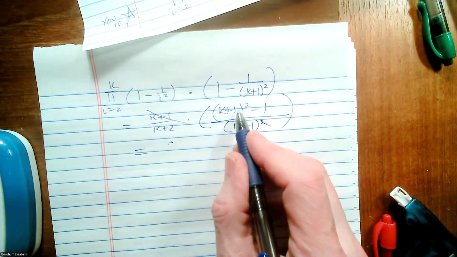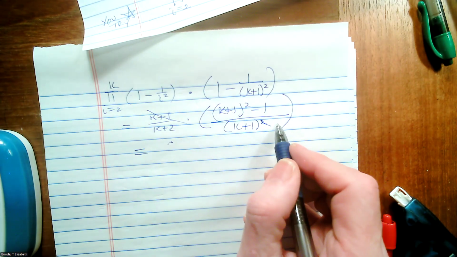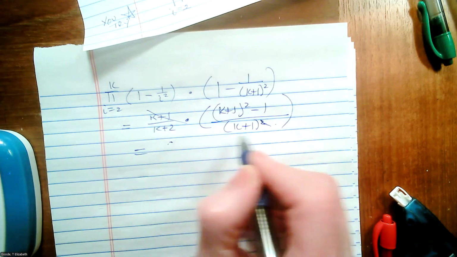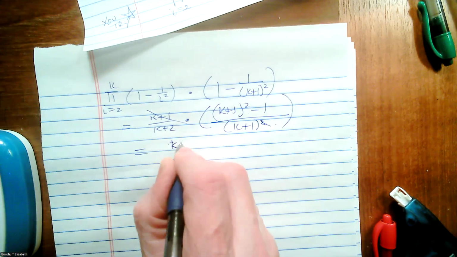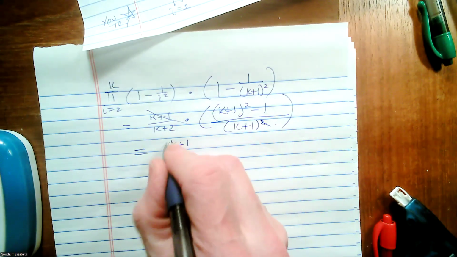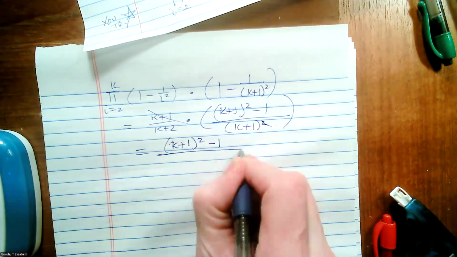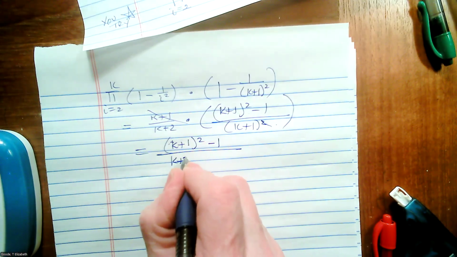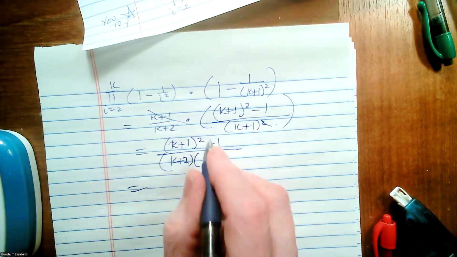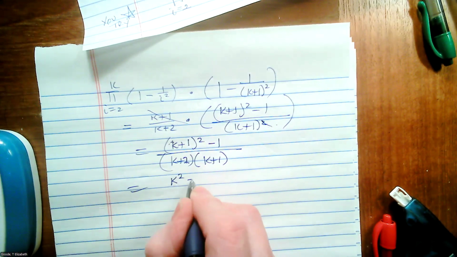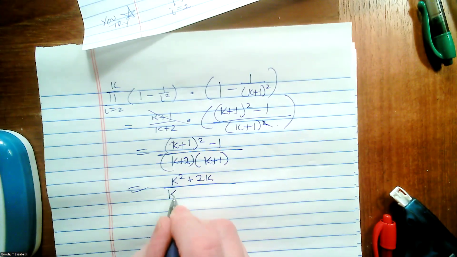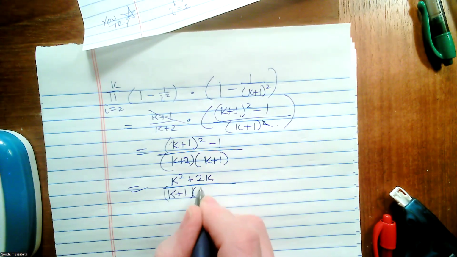And this is k plus 1 squared minus 1 over k plus 1 squared. Oh, we're multiplying, yeah, so the k plus 1. So we've got k plus, oh yeah, what is this? K plus 1 quantity squared minus 1 over k plus 2 times k plus 1. And what is this? This is k squared plus 2k over k plus 1 times k.